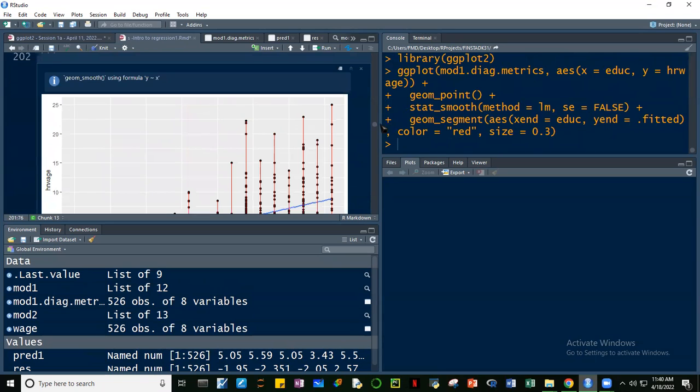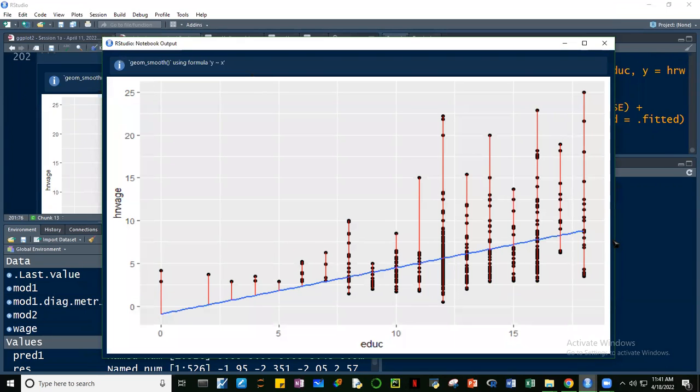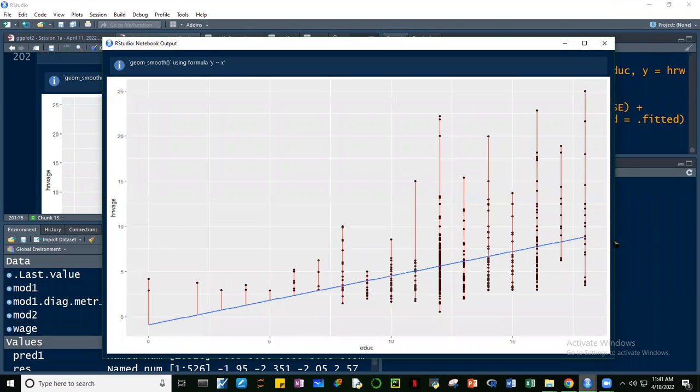Kindly chat, guys, if you were able to run this. Okay, good. So this plot, guys, is a plot of the residuals.